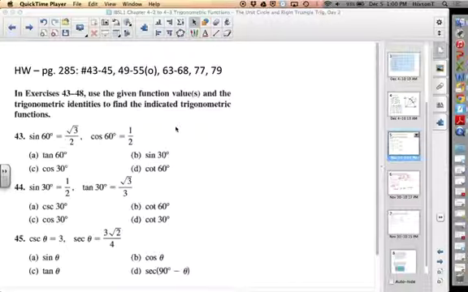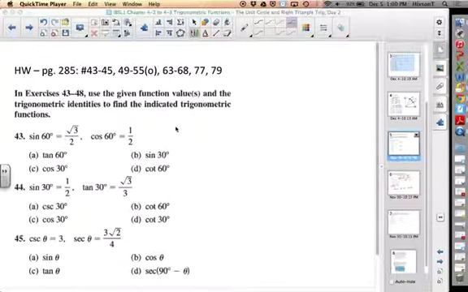So can you do question 43D? Okay, so 43D. When you're looking at these ones here, it says use the given function values and the trig identities to find the indicated trig functions.